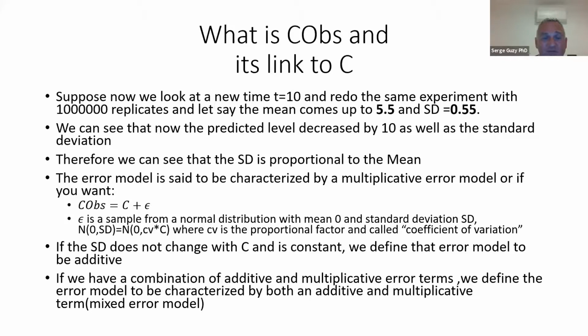And then we have what is called a combination of additive and multiplicative error. The program is going to estimate the standard deviation for the additive component of your error model, and also the CV for the multiplicative component. And again, when you practice with examples, you are going to differentiate between the cases.